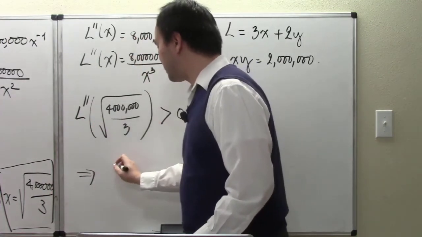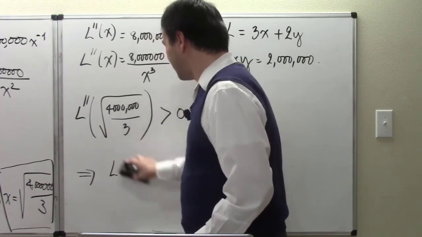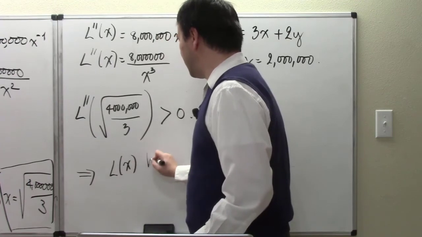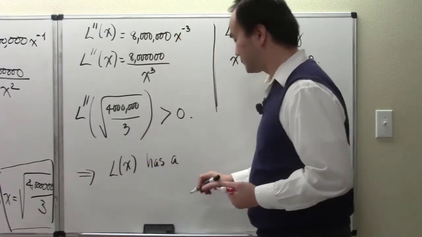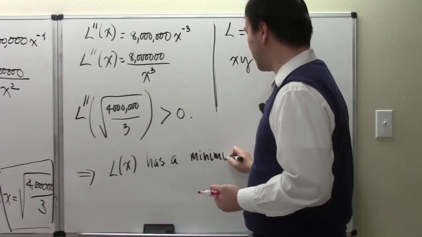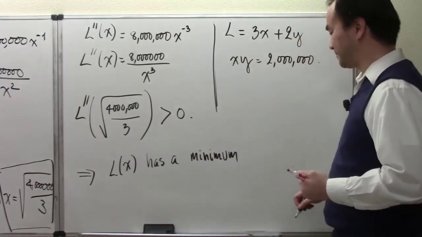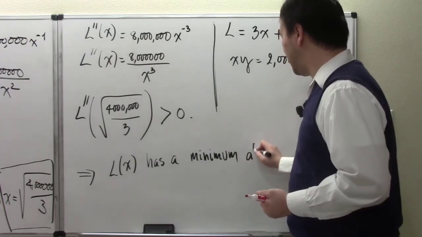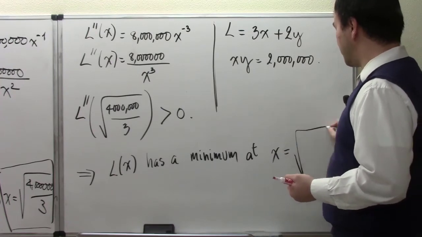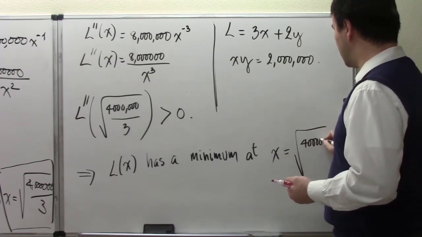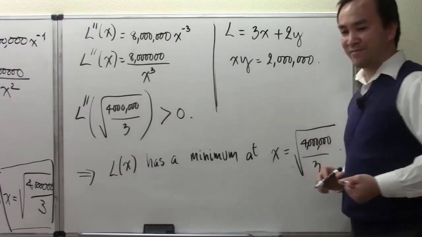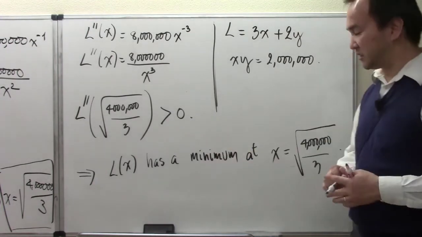So that means our function L of x here has a minimum. And of course, this is a local minimum, right? Has a local minimum at x equals square root of 4 millions over 3. And so we just now made our conclusion.